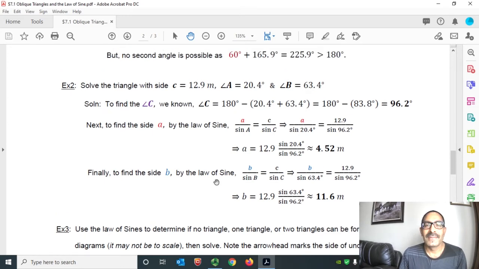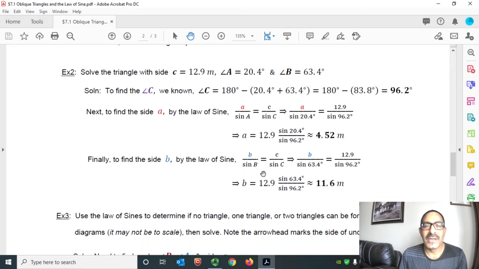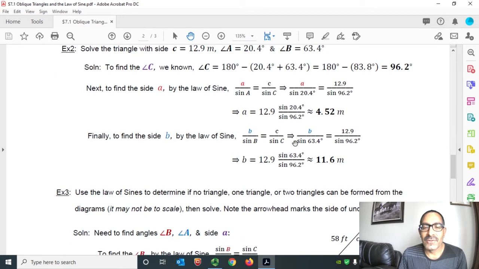Great. Awesome. Next, to find side B, let's apply the law of sine again. These two ratios are equal, that is, side B over sine B equals side C over sine C. Let's plug the values here.